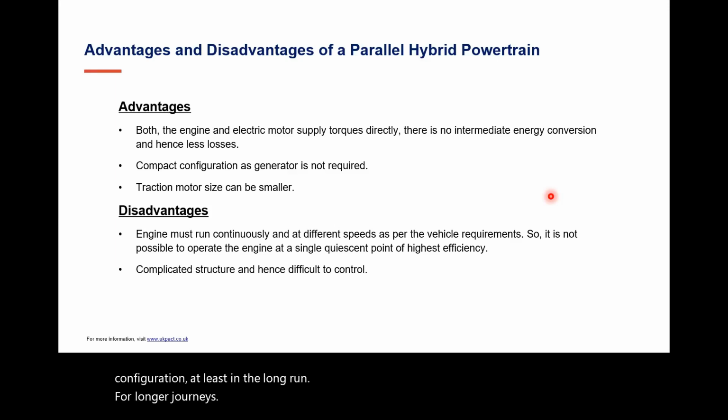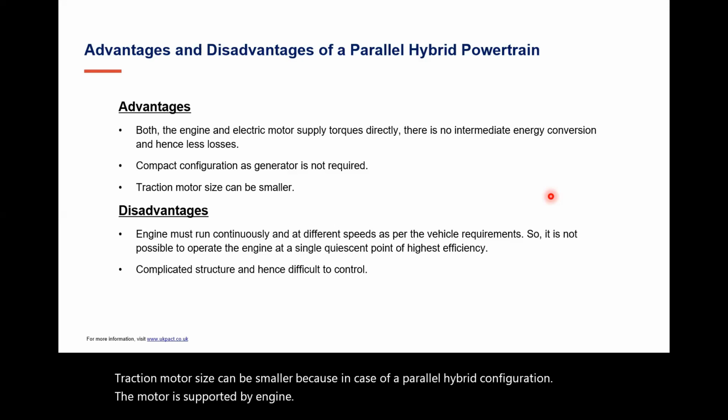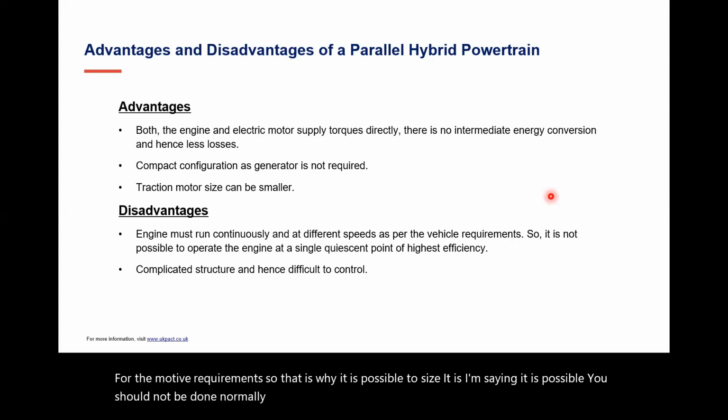Then the traction motor size can be smaller, because in case of a parallel hybrid configuration, the motor is supported by the engine for the motive requirement. So that is why it is possible to size it smaller. I'm saying it is possible. It should not be done normally, because the vehicle has to be designed for extreme conditions. But there is a possibility that the traction motor can be sized smaller.